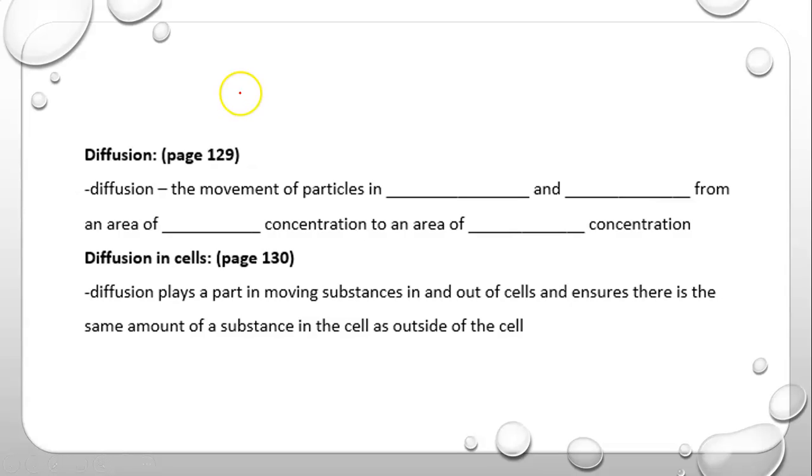So the term diffusion, and this is something we've gone through in previous years, is really the movement of particles in all directions and spread from an area of high concentration to an area of low concentration.